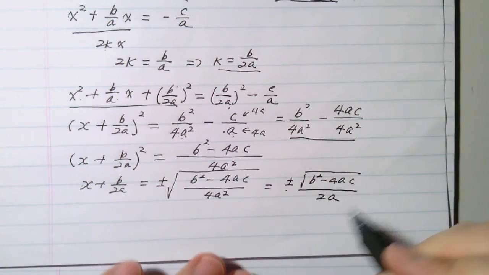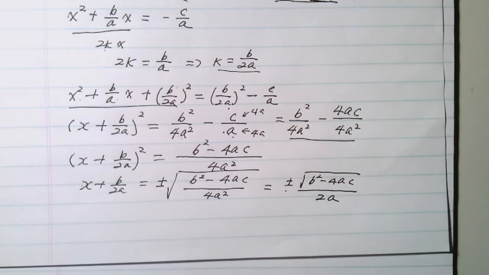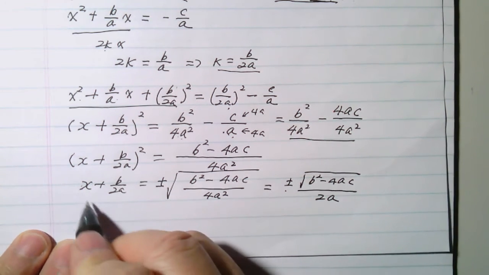Actually it should be plus or minus, but since we already have a plus or minus, that gives you this. Now all I need is to solve for x.